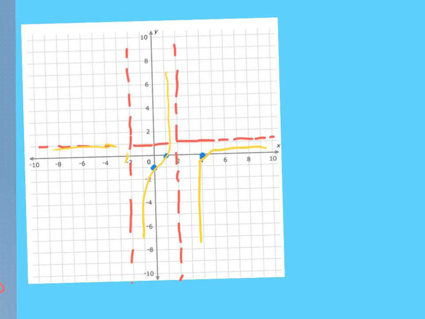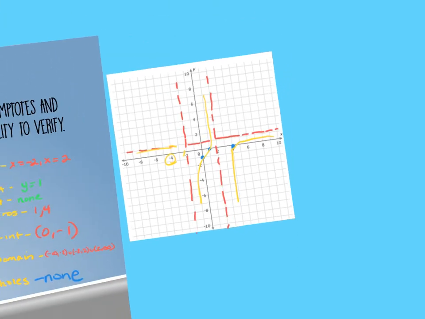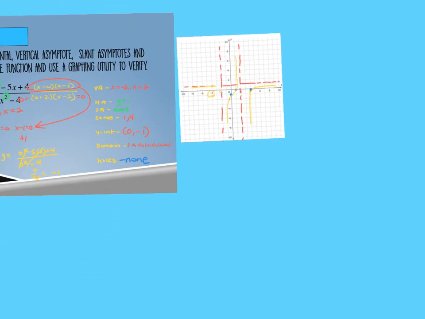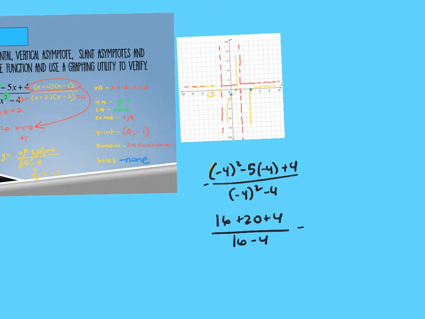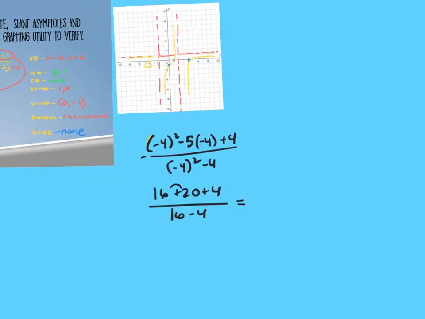Okay, so I'm going to plug in a point to the left of that horizontal asymptote, -4, -3, doesn't matter what you're plugging in. Get my equation back. So, (-4) squared minus 5 times -4 plus 4 over (-4) squared minus 4. 16 plus 20 plus 4 over 16 minus 4. 36 plus 4, 40 over 16 minus 4, 12.